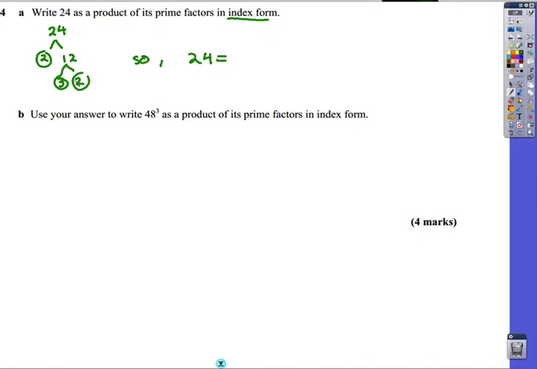Ooh, I think I made a mistake somewhere. That doesn't look right. 3 times 2 isn't 12. 3 times 4 is 12. Circle your prime. 2 and 2. So 24 is equal to 2 times 2 times 2 times 3.